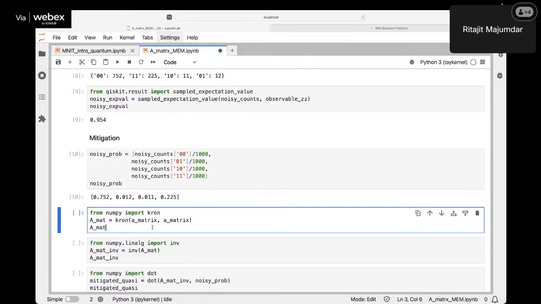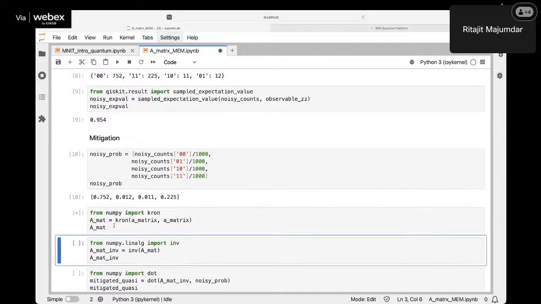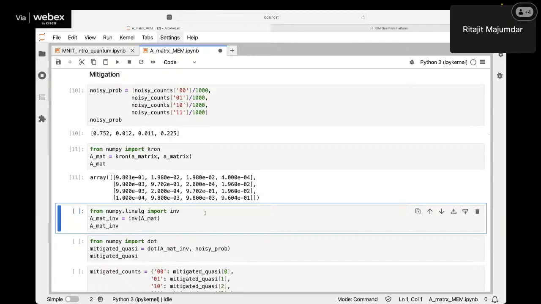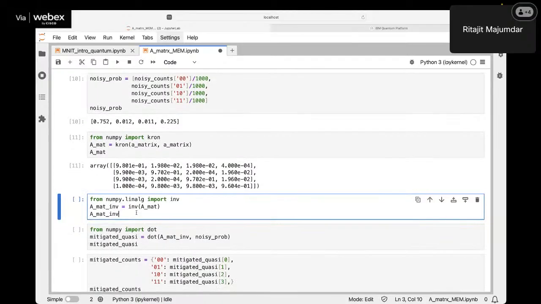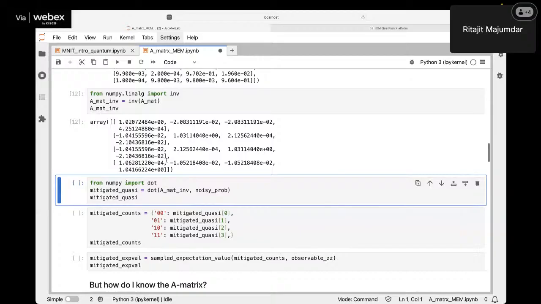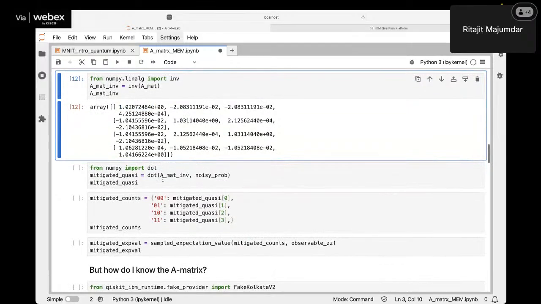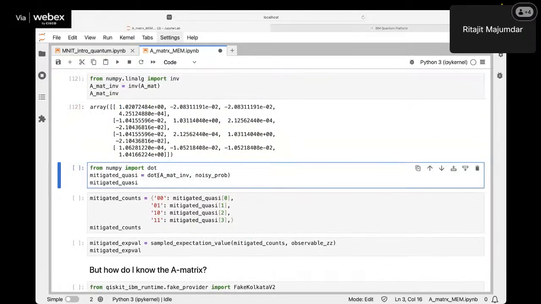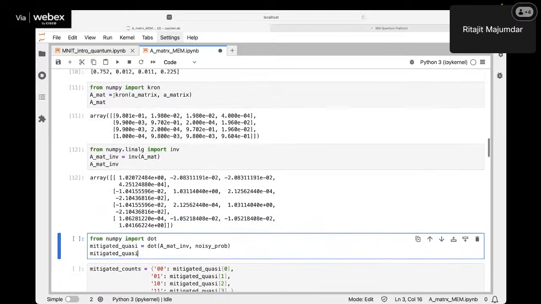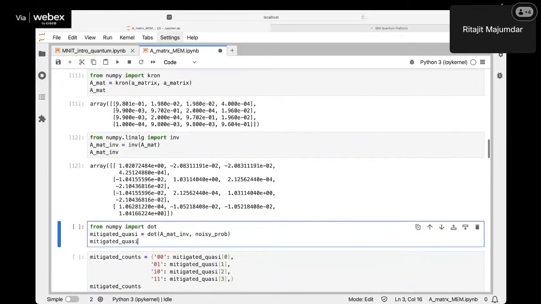I am taking the tensor product, that is Kronecker from NumPy, and I am getting the big A matrix here. I need to invert this matrix, so from NumPy linear algebra I am just importing the inverse. This is my inverted matrix. We already see that we are getting some values greater than 0, and there are negative values also. Now, simply multiply the inverted A matrix with this noisy probability.